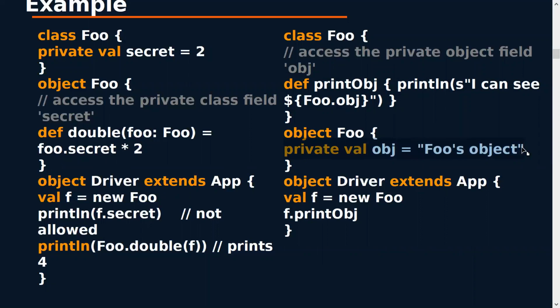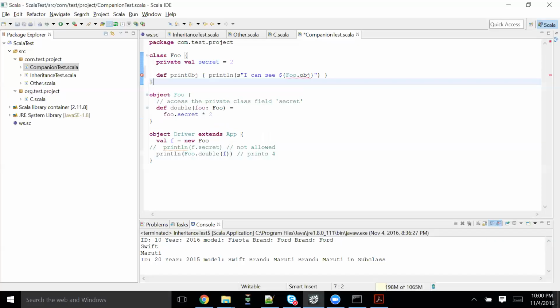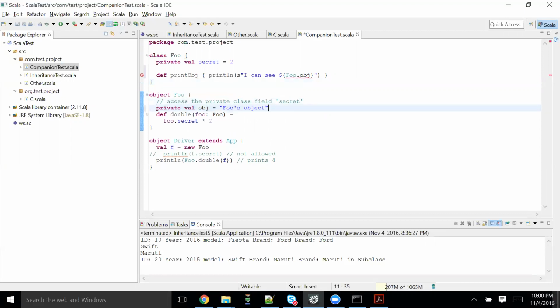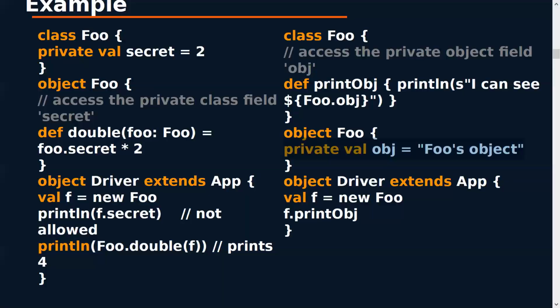Yeah, a regular object is something that you create with the new keyword, right? And anything that you declare with the object keyword is a singleton. Okay, got it.